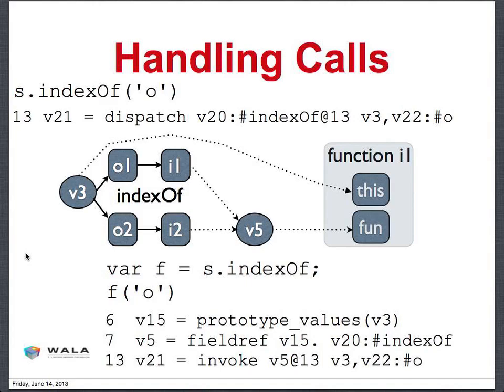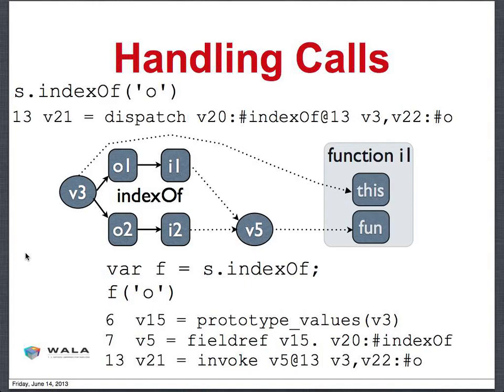Now, you might think you don't really need this in your IR. You could just model it as read the property, then call it. And that's what we did at first. But there's a nasty issue if you do that. Suppose the model of s is imprecise: I have two different abstract objects that s could represent.